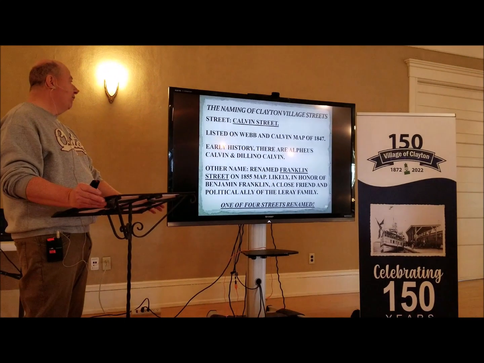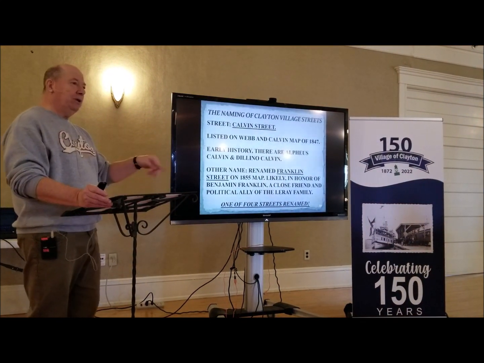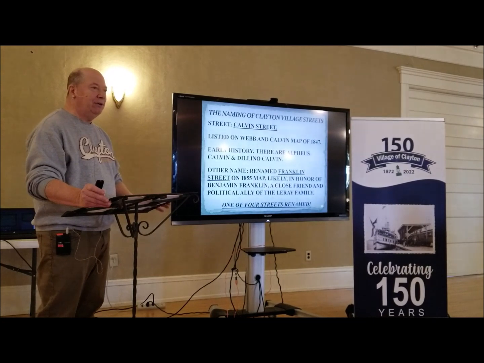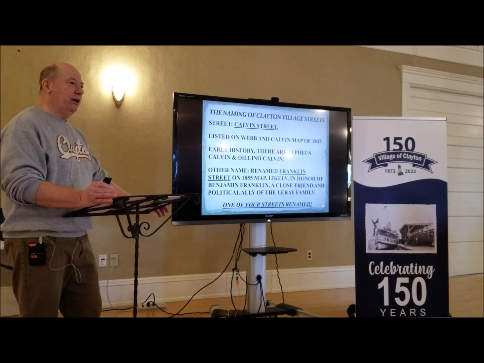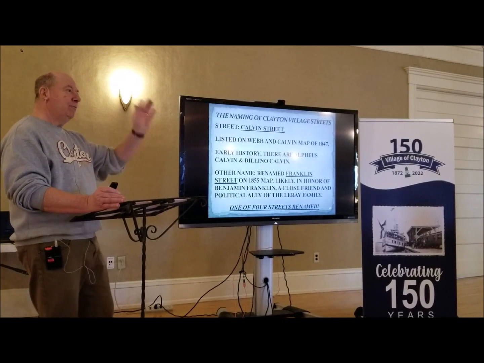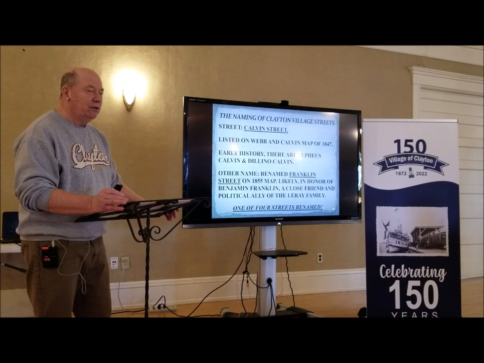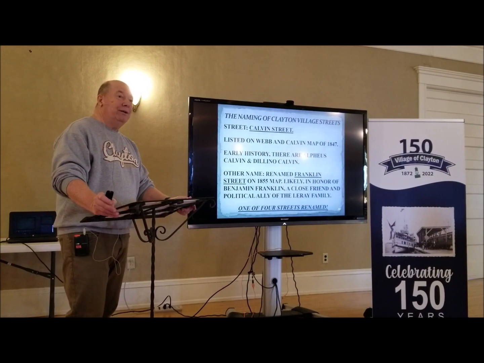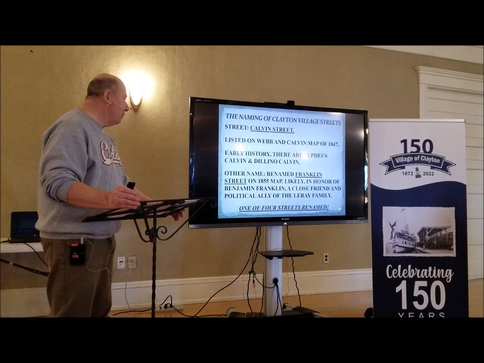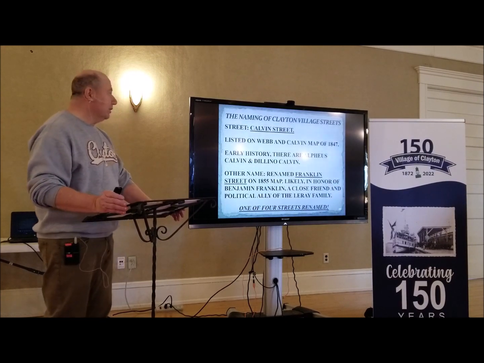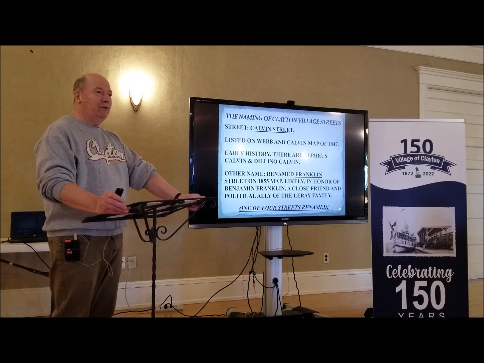And we renamed Franklin Street, and we see that on the 1855 map. So sometime between 1847 and 1855, Mr. Calvin may have ticked somebody off, and said, I'm out of here. Well, it was named Franklin Street. And there's only one Franklin that we can think about that it was named after, and it has to be Benjamin Franklin, who was a very close friend and political ally of the Leray family.